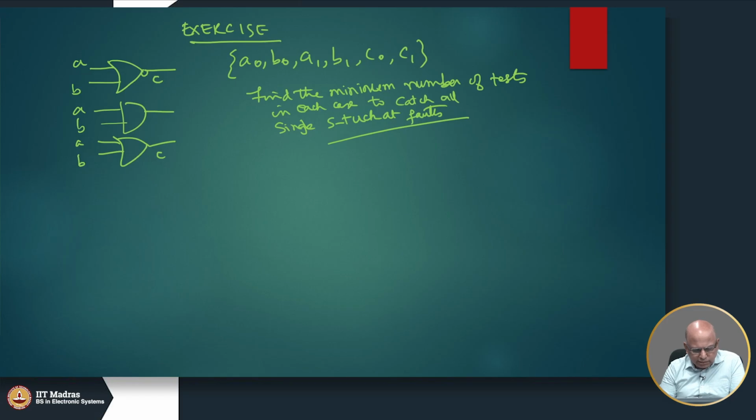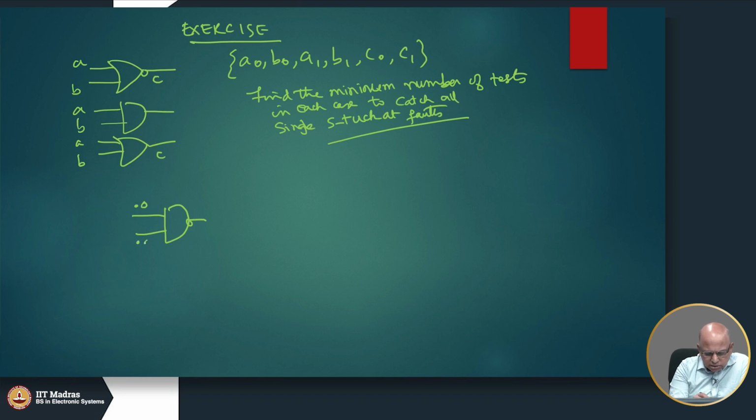Now, let us look at the same NAND gate. Sometimes we use this notation. This dot is used to indicate a stuck at 0 fault, and a circle is used to indicate a stuck at 1 fault.